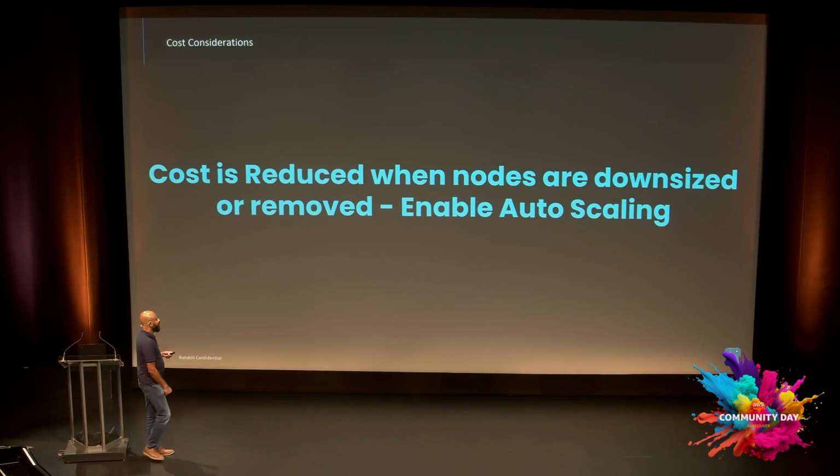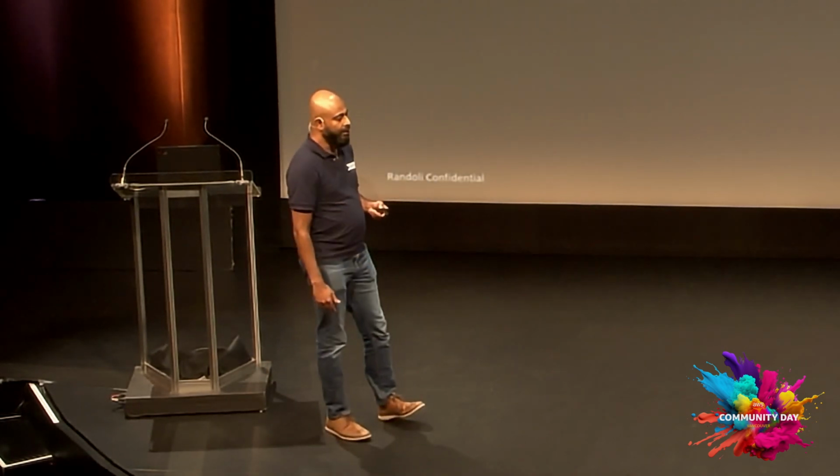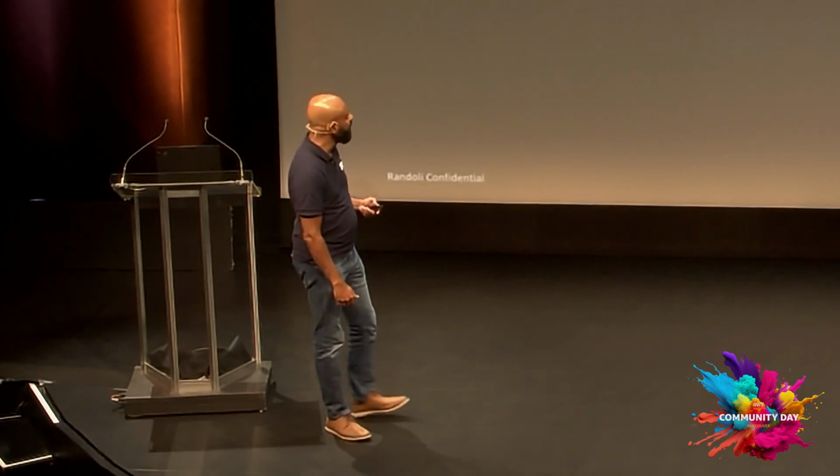The other thing that a lot of customers initially miss is that cost is reduced only when your nodes are downsized or reduced. So just because you optimize your workloads, if you don't have a strategy for reducing your nodes during off-peak or low periods of activity, you're not going to save cost.